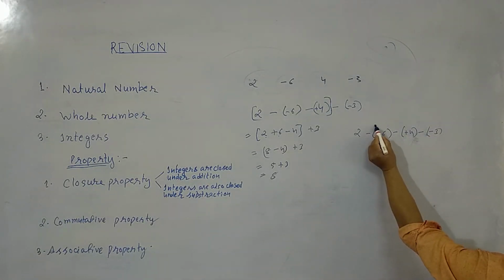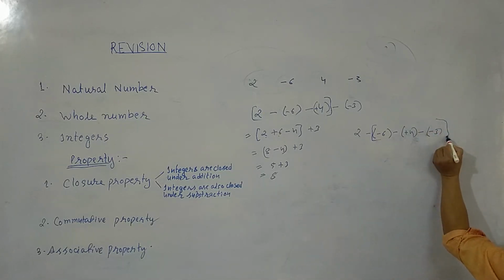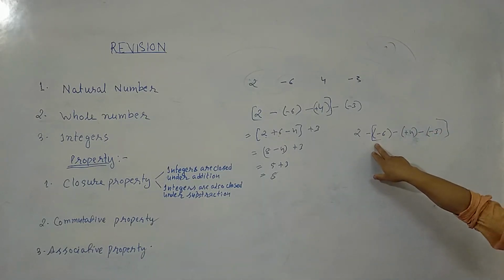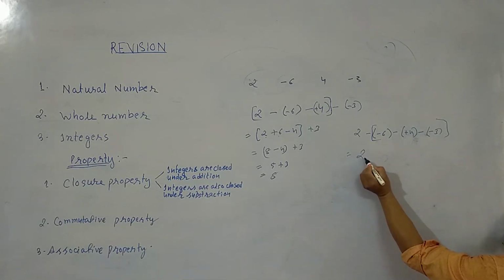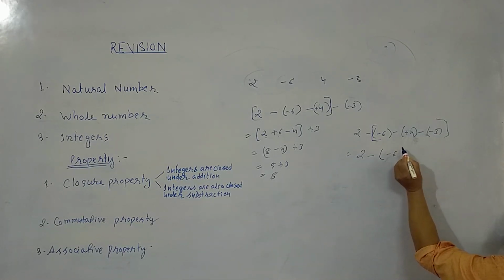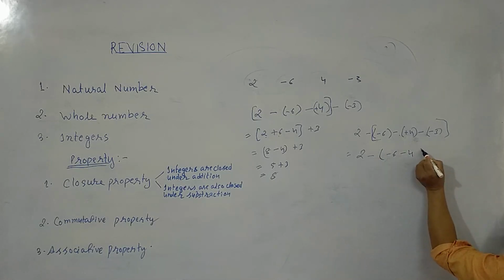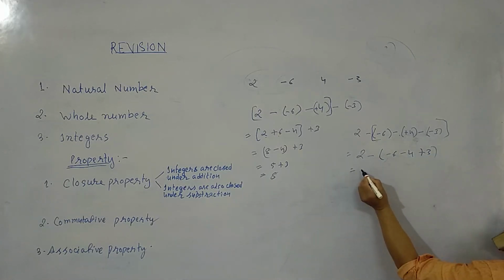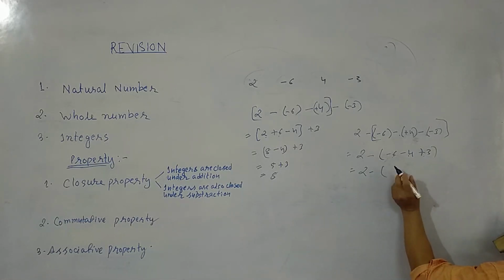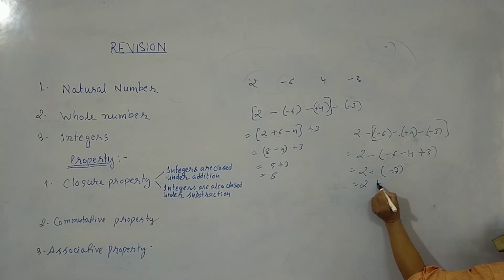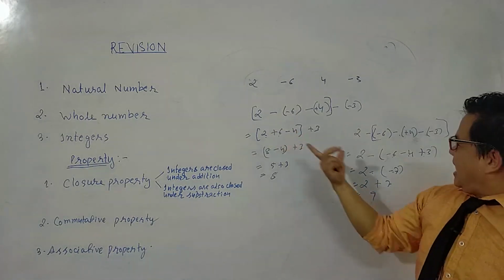This time I group second, third, fourth. 2 minus, minus 6 minus plus minus 4 minus plus 3. 2 minus 6 minus 10 plus 3, minus 10 plus 3, minus 7. Now 2 minus plus 7, how much? 9.